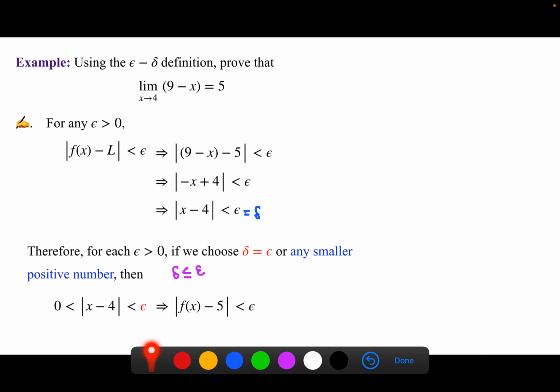That proves the limit definition. So for some epsilon, this inequality implies that function values lie between 5 minus epsilon and 5 plus epsilon.